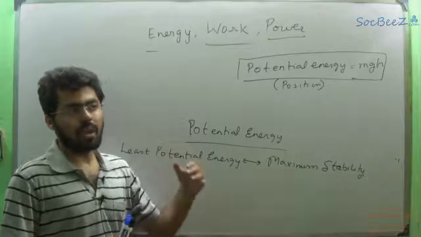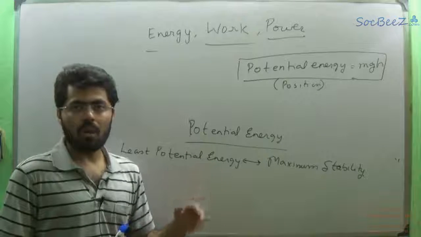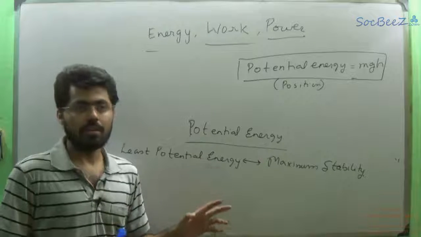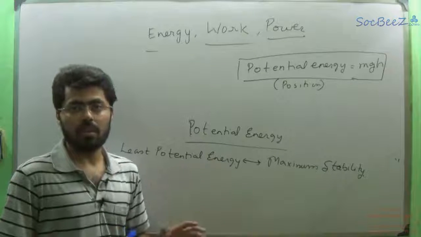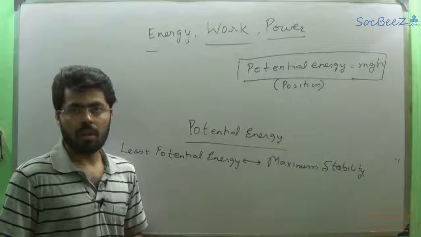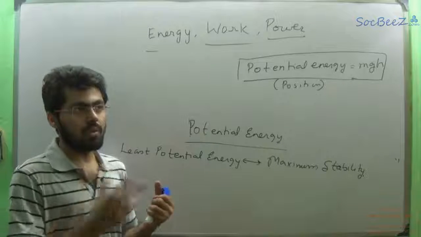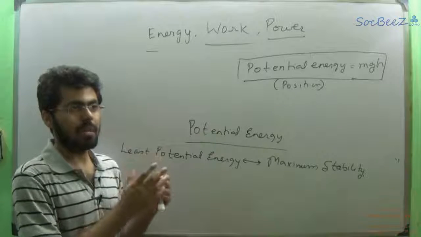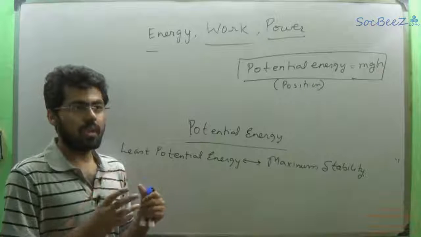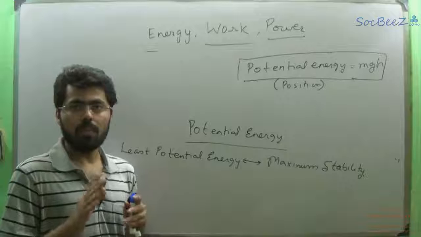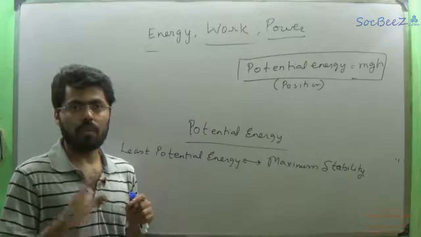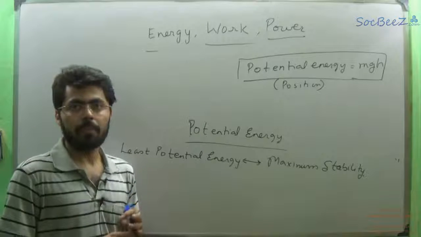The electron in a hydrogen atom tries to stay in the ground level because the potential energy there is minus 13.6 electron volt, that is the least potential energy possible. The planets move in a circular path rather than an elliptical path in such a way that the gravitational potential energy is reduced to the minimum possible value, attaining stability.